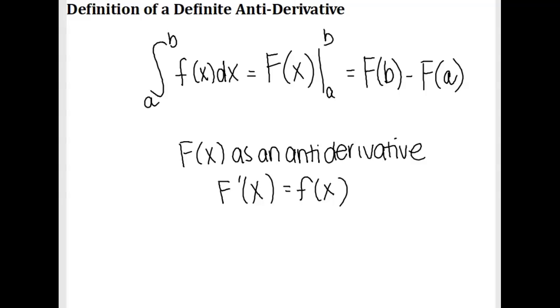So this is a definite integral because it has a value at its upper and lower bound, meaning there is a number here and a number there. An indefinite integral would not have values in a and b. So definite has numbers at a and b.